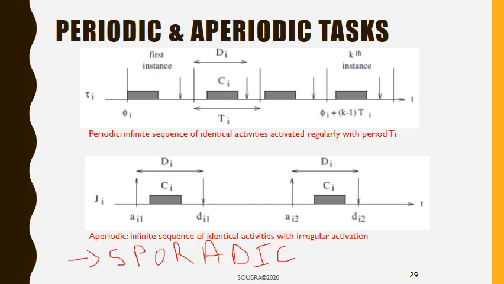A sporadic task is activated within a defined period, but within that period we don't know exactly when. So it's random within a period, so it has a maximum time. The next time at maximum it will be activated here, but it could be anywhere in between the two. So those are sporadic tasks. You just need to know of them, that's it.